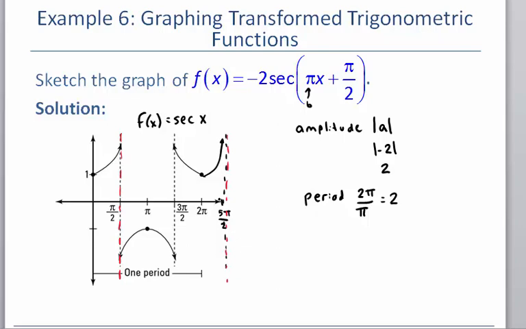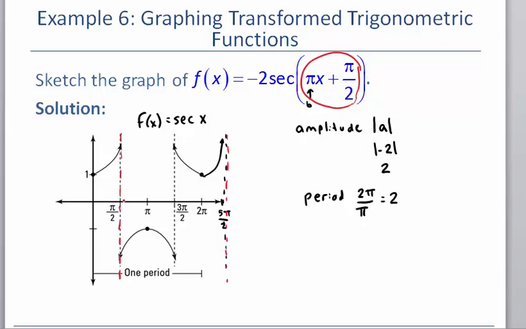Now, the question becomes, how are we going to start and end a particular cycle of the period? For example, here we're starting at pi over 2 and we're ending at 5 pi over 2. When we adjust for the period, what are our starting points and our ending points? So the easiest way to do this is to take the part of your function that is inside the parentheses. So this part is the period change and also the phase shift.